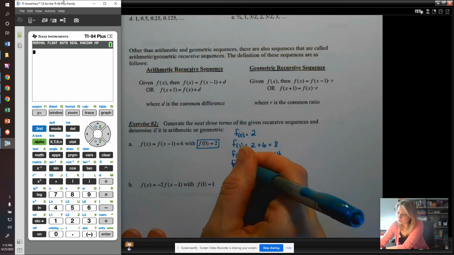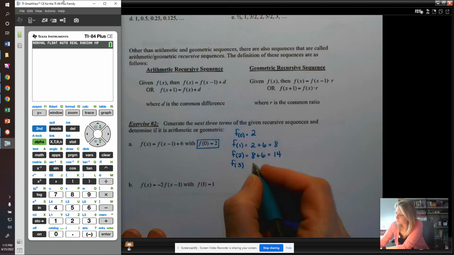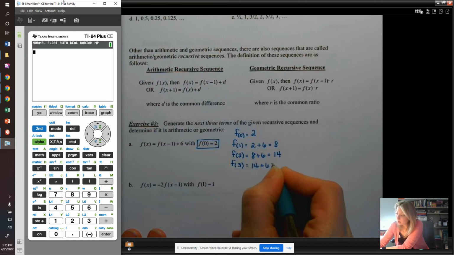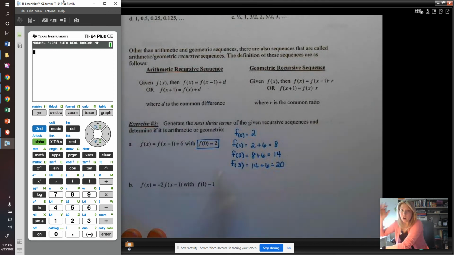To get the third term in the sequence, I take the previous term and add 6. So 8, 14, and 20 are those next terms in the sequence. Notice the notation is a lot different than how we worked with our arithmetic sequences prior to this.